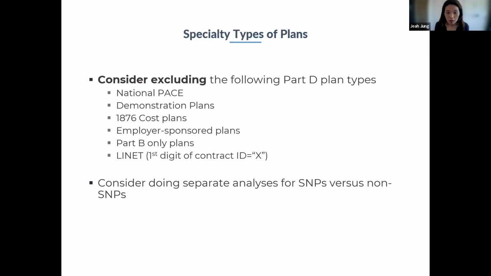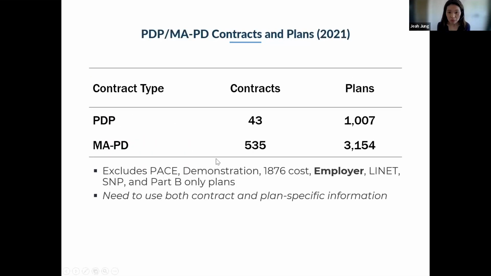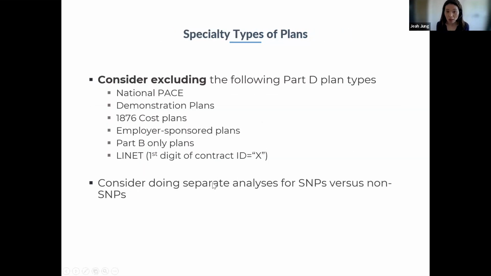Okay, so one question would be, what types of plans is it better to exclude in doing any research? This is my recommendation. Almost all studies exclude these because they are somewhat unique. The way they get paid is different, and who can enroll is different; the enrollees' characteristics are different.